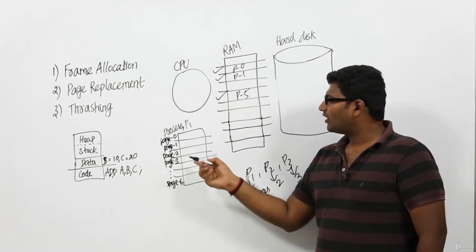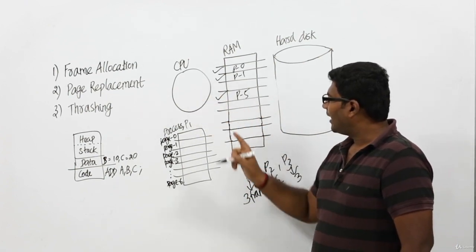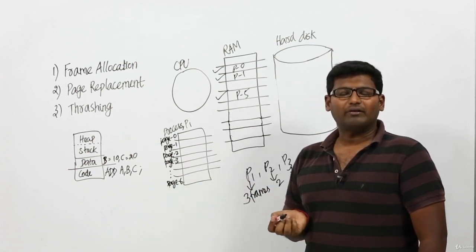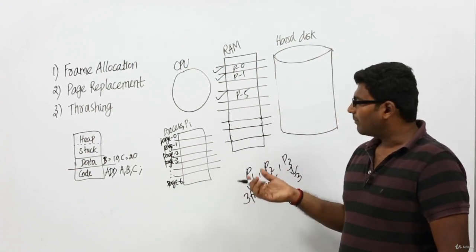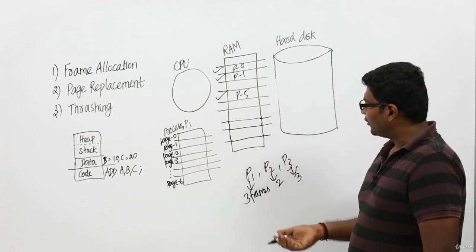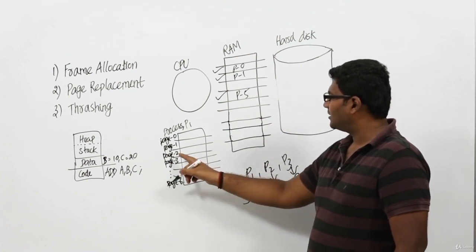Now, if it wants to execute page number 2, which means our CPU has referred to a byte in page number 2, what will happen? There will be a page fault, right? Because page number 2 is not present inside the RAM. So we will replace one among these 3 pages with page number 2.